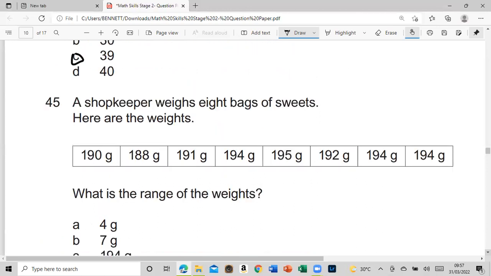A shopkeeper weighs 8 bags of sweets. What is the range of the weights? Now the range is the largest value minus the lowest value. It's really the distance between the largest value and the lowest value.